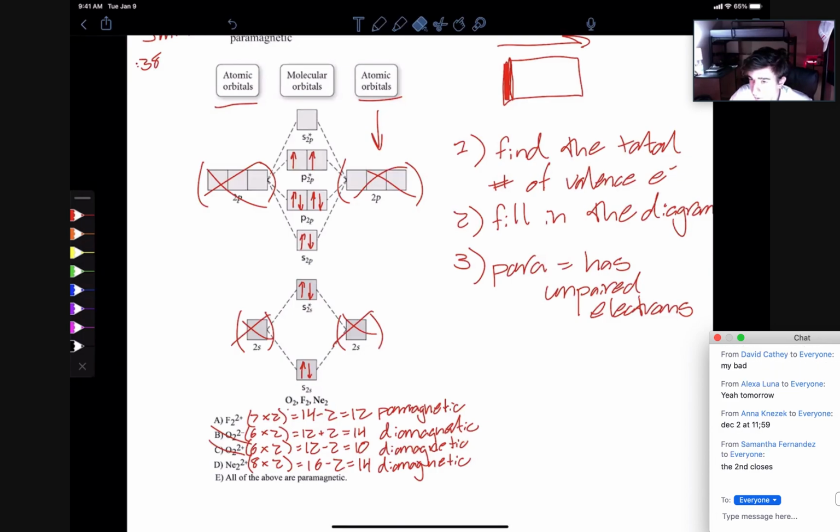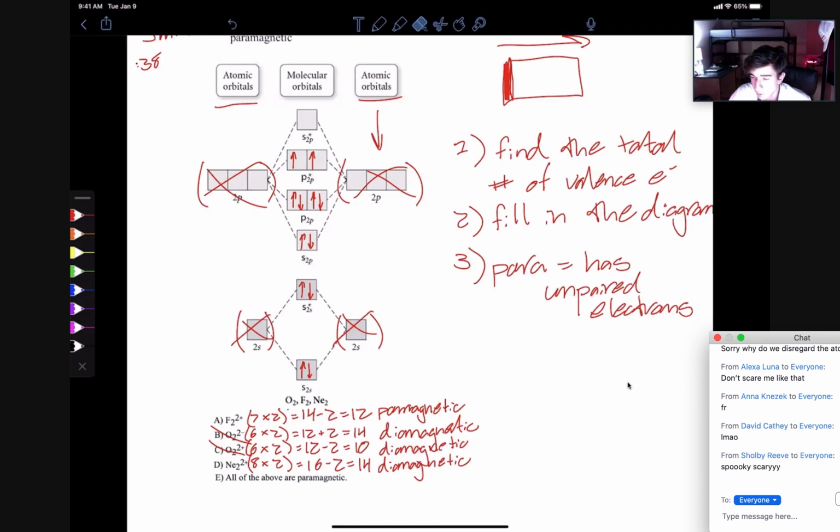There's nothing more than that. We're going to talk about pi and sigma bonds later on. Someone said, so what does this actually tell us? That's a good question. That's way beyond the scope of the class. That's why I said, for these molecular orbital problems, you just learn how to solve them. They don't really teach you why they're important very well.